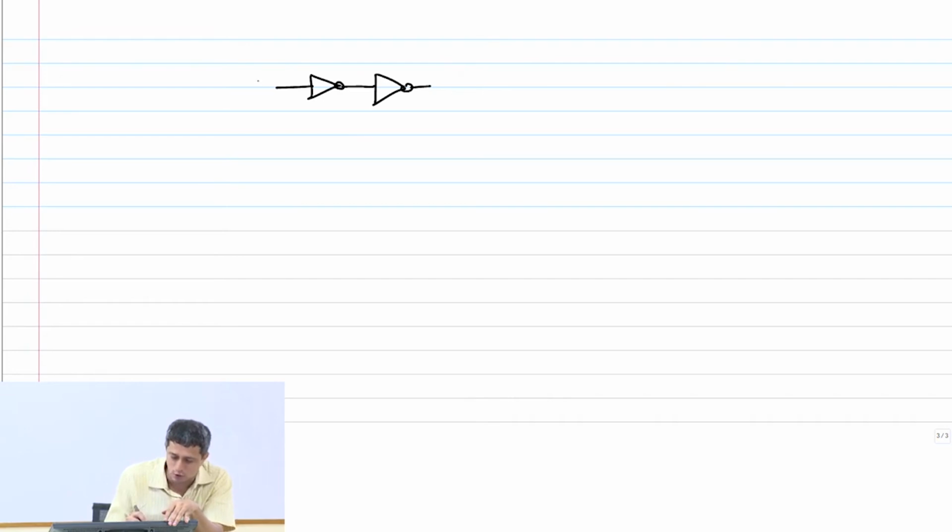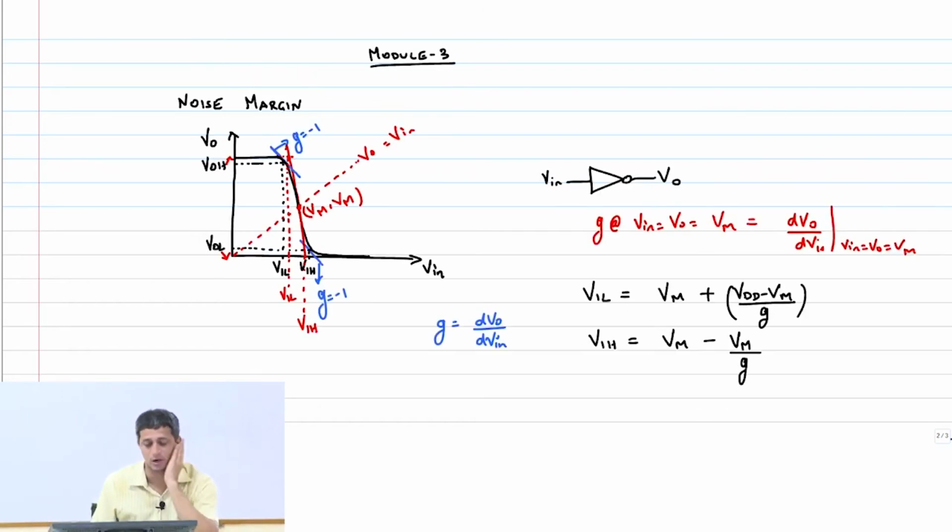So now let's assume in the limiting case that I am applying VIL here. What will be the output of this inverter? No. Go back to this curve. If the input is VIL, then the corresponding output is VOH. By definition, because that's the y-axis value.